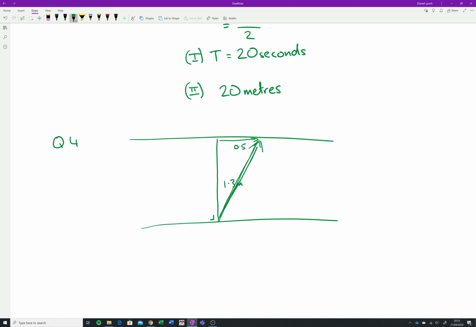The shortest distance would be if the boat actually went along that track there. To go along that track, you need to turn into the current. You need to head off in that direction, and the current will sweep you to there. So you'll actually end up going in a straight line if you take off at a particular angle.